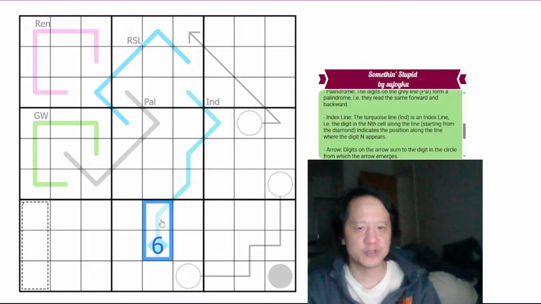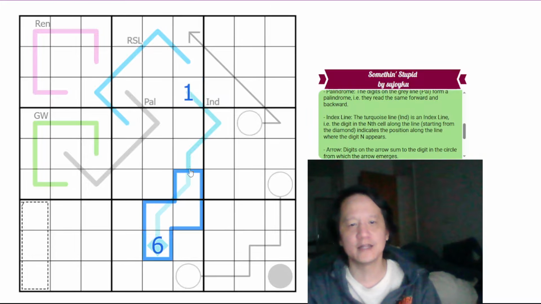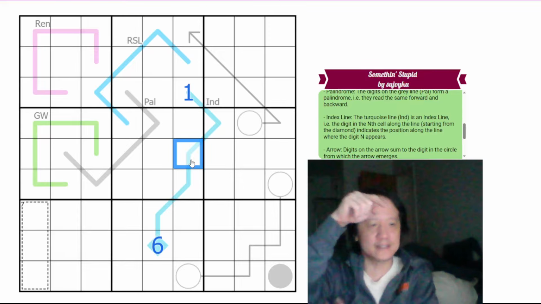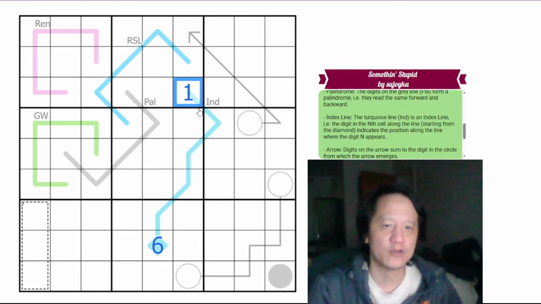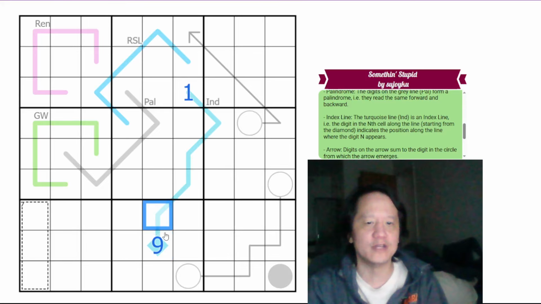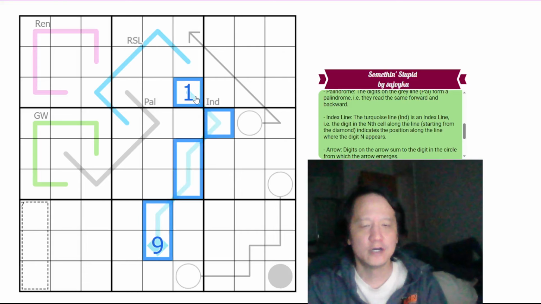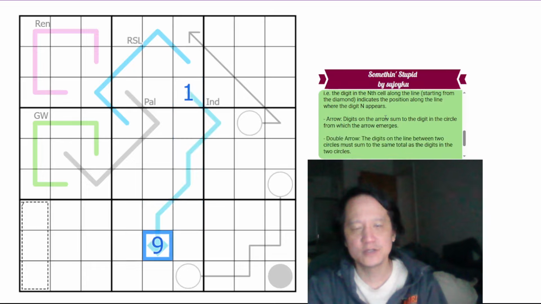That means the position along the line where the digit 6 appears has to have a 1. Therefore, this is 1. And lines cannot index past the last part of the index line. So, for example, this could not be 9 because there is no 9th position on this index line.